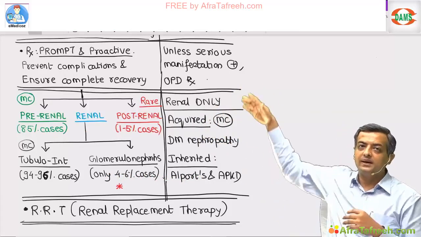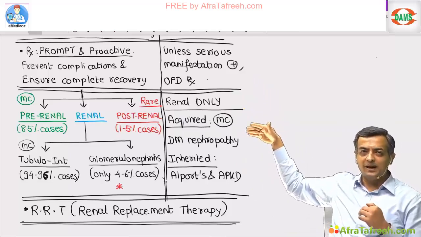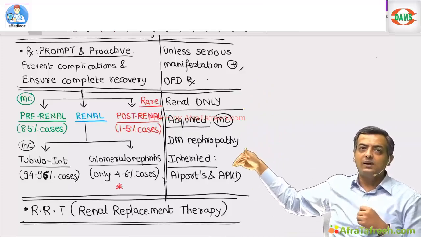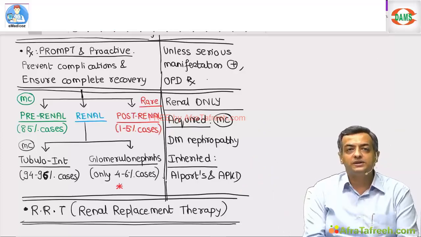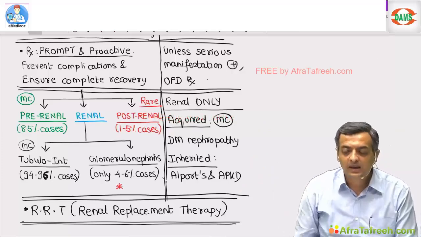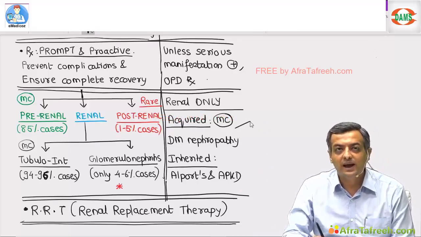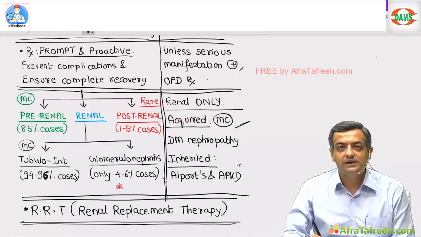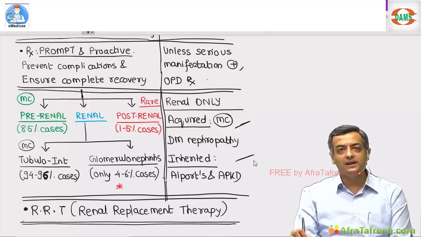Please remember, in CKD, the problem is either diabetic nephropathy and many other acquired ones, or inherited causes, Alport's and adult polycystic kidney disease. I have made a separate video for CKD and diabetic nephropathy, and a separate video for inherited causes of CKD.